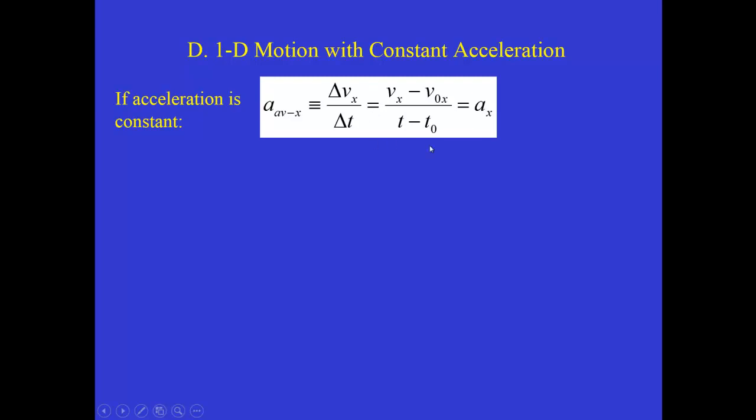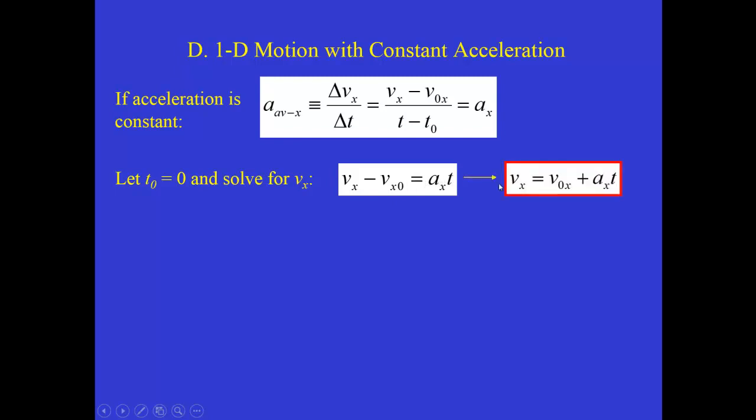So now what we can do is let the initial time be called 0. We'll just say that we start the stopwatch at the initial time, so we'll call t0 0, and we can solve for v sub x. So the first step would be to realize that if t0 is 0, we multiply both sides by t, and we get vx minus v0x is equal to ax times t, and if we solve for vx, we get vx equals v0x plus axt.